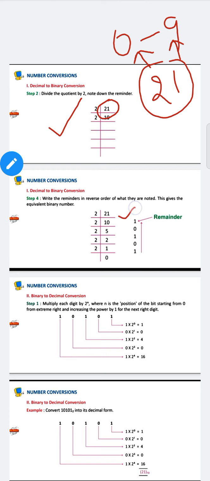After this we have 10 on 2's table, 10 will be divided into 5, 2 5s are 10, and the remainder will be 0 because there is no remainder. 2 2s are 4, we have 1 as a remainder. After that 2 1s are 2, and we have nothing as a remainder. So we will write from bottom to top, and that will be the conversion of decimal to binary, as I explained in the class also.